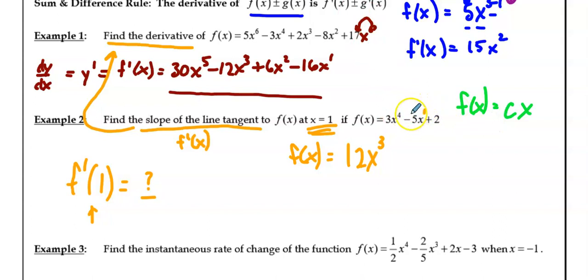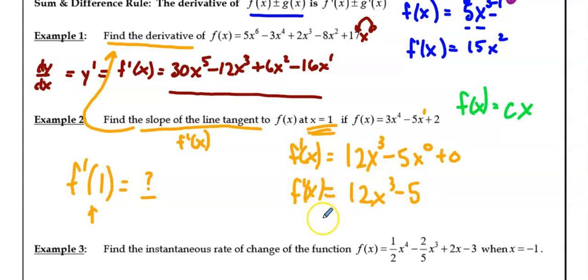I can move the 1 down, and it's going to be negative 5 times 1, which is negative 5, and it's going to be x to the 1 less power, which is 0. And then again, the derivative of a constant is just going to be 0, so this is going to be plus 0. So we simplify this, and we get 12x cubed minus 5, since x to the 0 power is just 1. So this is going to be our derivative.